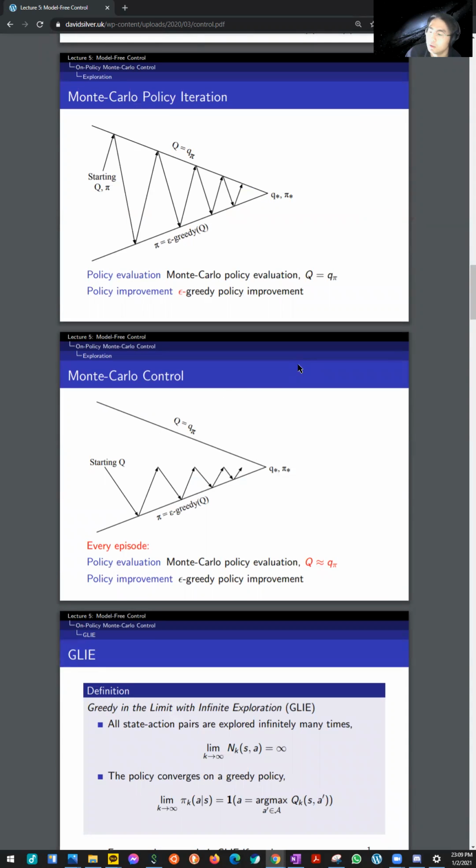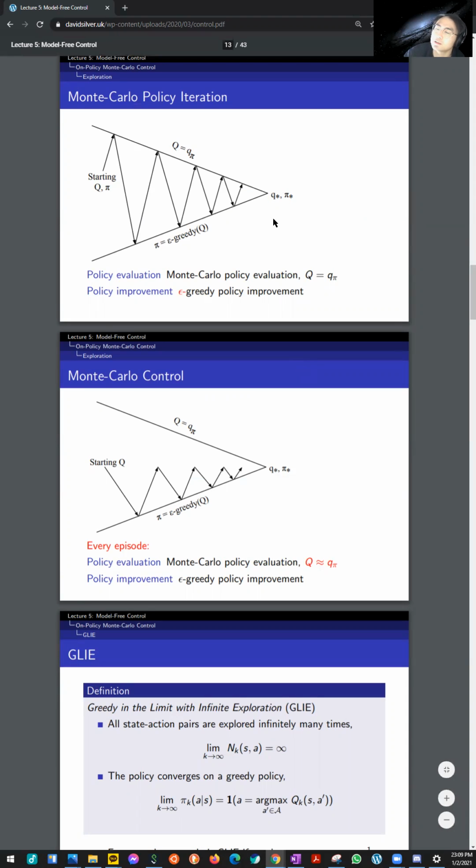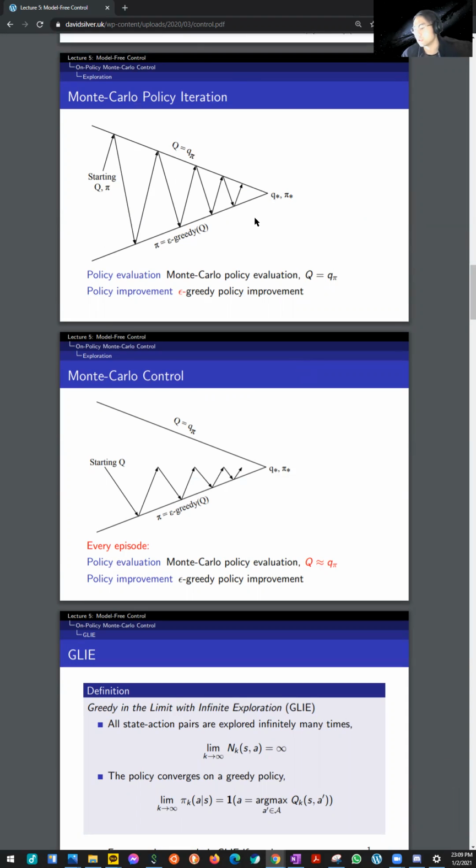So when it comes to Monte Carlo policy iteration, as you can see in this slide, it is basically alternating between policy evaluation, which is computing the value or the action value for that specific policy, and then, based on the updated values, greedily and incrementally improving the policy of interest.